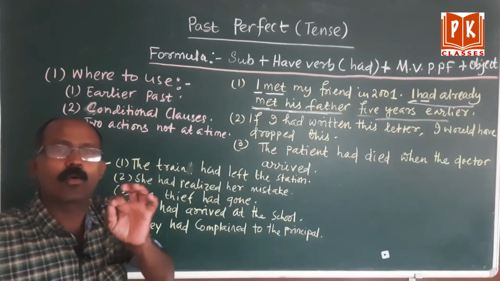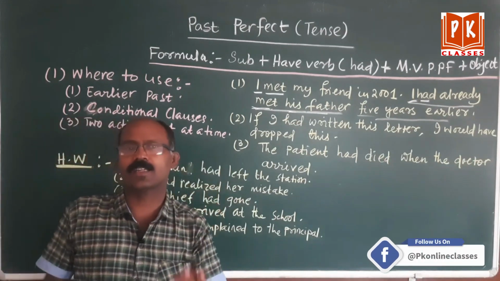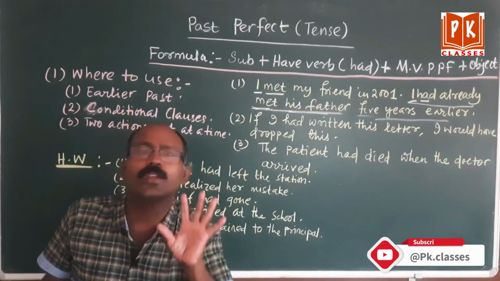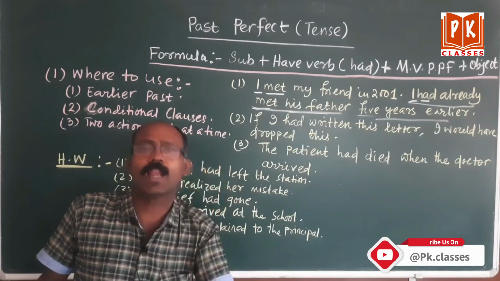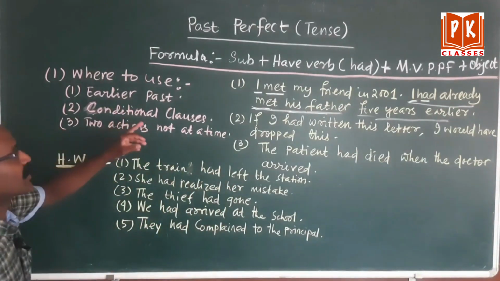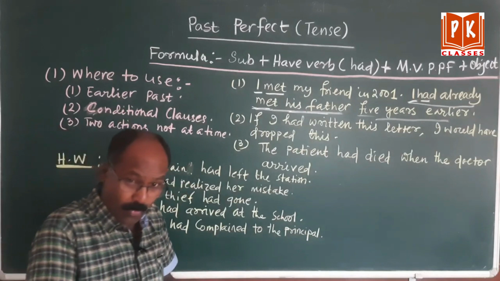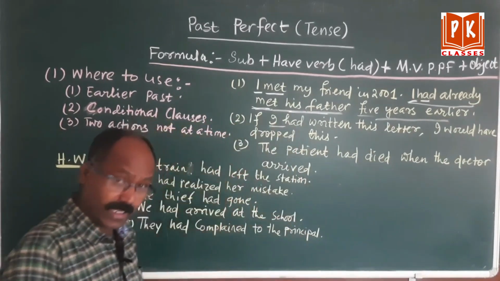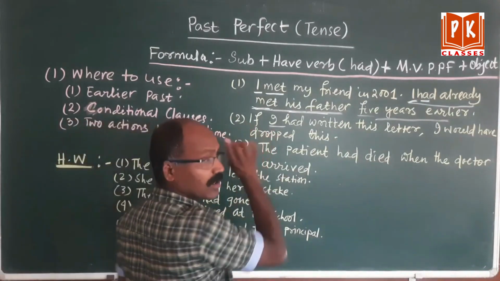Then again, we use it in conditional clauses. My dear students, when I teach the conditional clauses, you will get clarity about what a conditional clause is and how to use it. But here try to remember, in conditional clauses we use the past perfect. Suppose this part is in past perfect: If I had written this letter, condition is there.